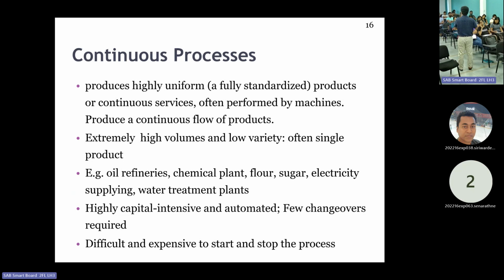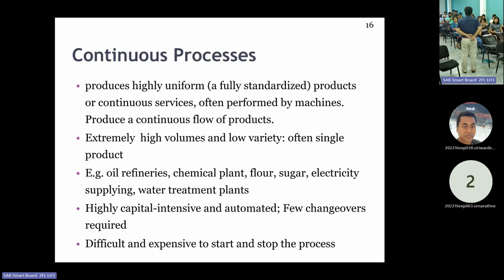It is not easy. It sometimes takes a few days to slowly stop it and do the necessary changes, servicing, oiling, changing parts and all, and then they can't start quickly. They have to start slowly. Slow shutdown, slow stoppage and slow start.